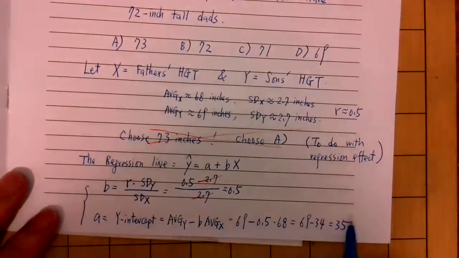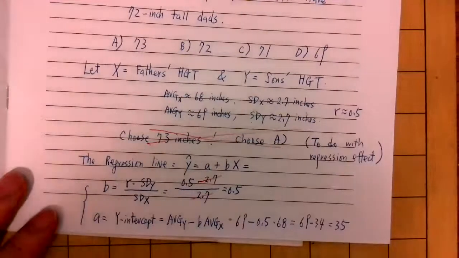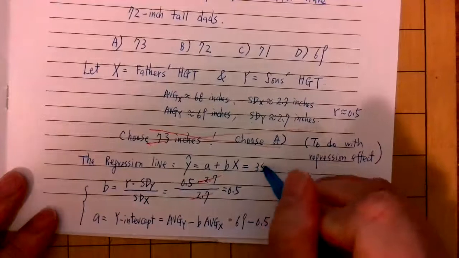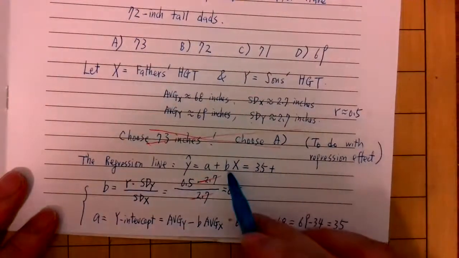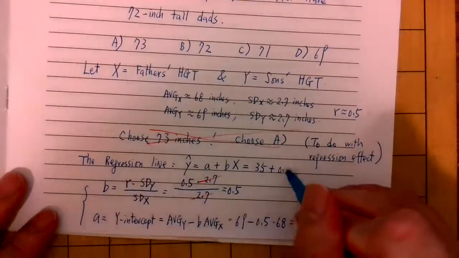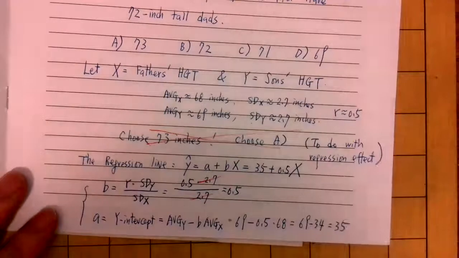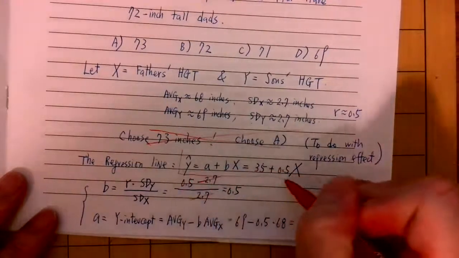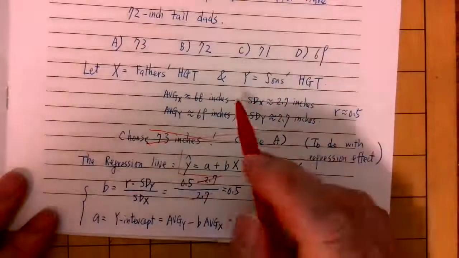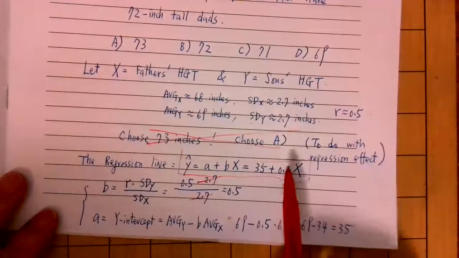So A is 35, B is 0.5. So the regression line is 35 plus 0.5 times X. This is the best prediction line, the regression line, for the given data set.